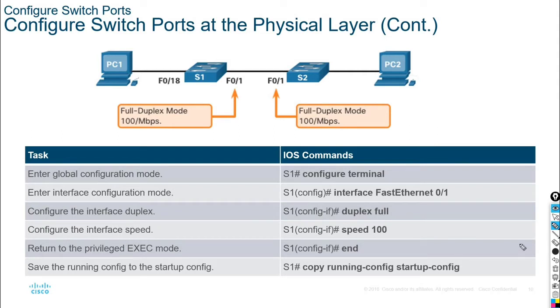For configuring the interface speed, you use the command speed 100, and to return to privileged EXEC mode, the end command is used, and to save the running config to startup config, we use copy running-config startup-config here.